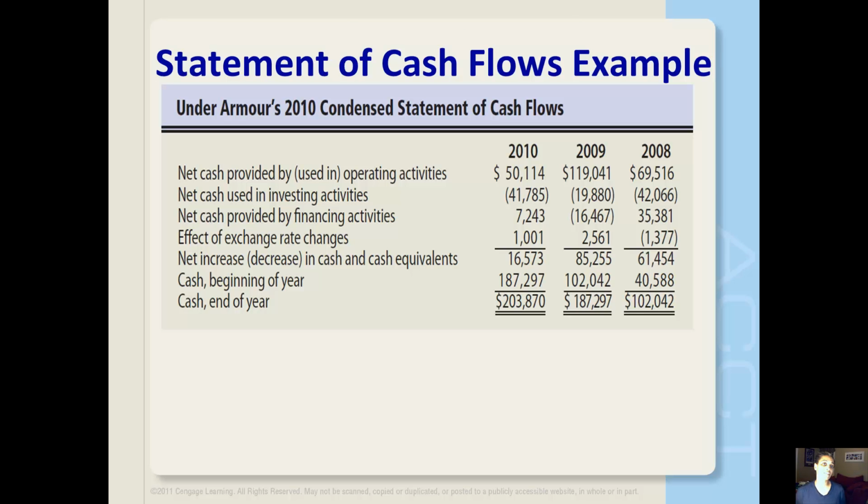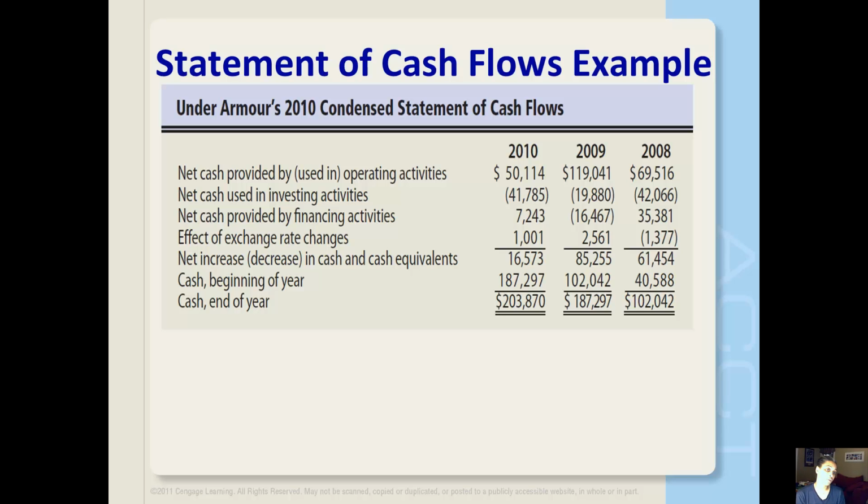So take a look at this statement of cash flows example. This is an example of Under Armour's condensed statement of cash flows. And it shows that operating cash flows are presented first in the statement of cash flows. Essentially, operating cash flow is generated as a result of cash inflows and outflows associated with selling goods and providing services.